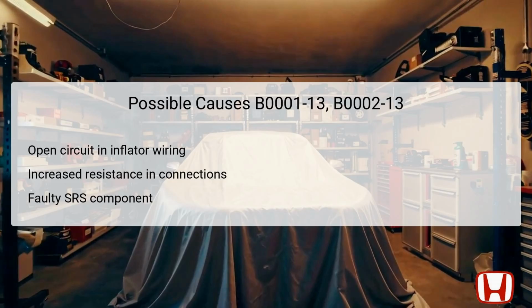Increased resistance in the wiring or connectors can also affect the inflator's operation, reducing its ability to deploy the airbag effectively. Additionally, a faulty SRS component, such as the airbag control unit or the inflators themselves, could cause these diagnostic trouble codes to appear. These elements must be thoroughly examined during the troubleshooting process to accurately identify the root cause and ensure repairs address the underlying issues directly.